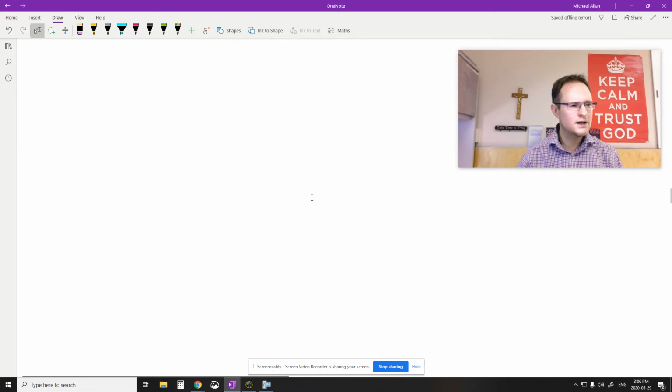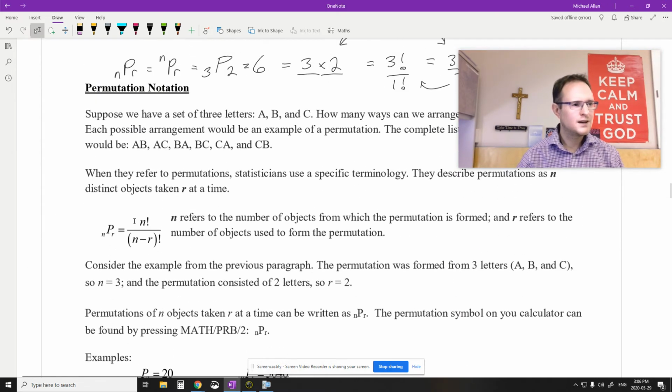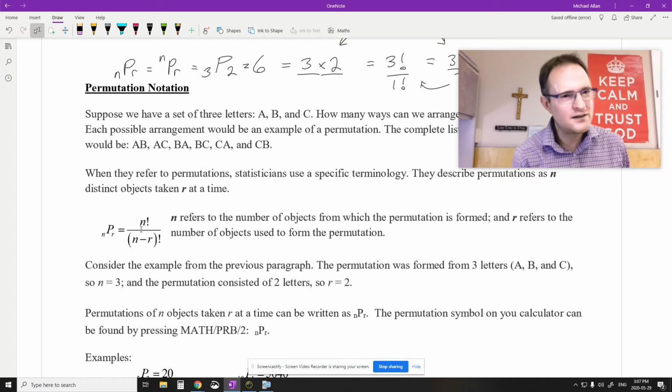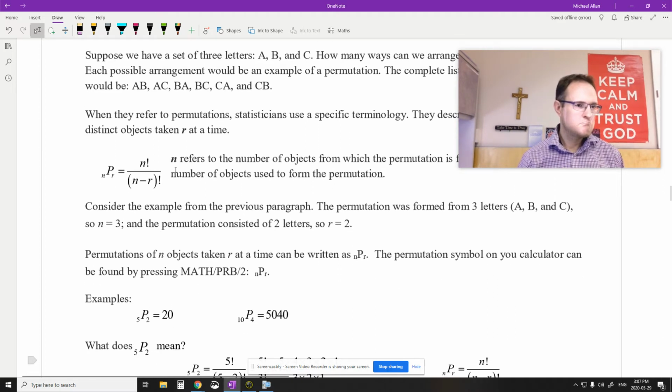So that's where this formula comes from. It's n factorial, with the total number that we have all the way down to 1, and divide out the pieces I don't want. So n minus r, which will leave me just the pieces I do want, right? Cool.